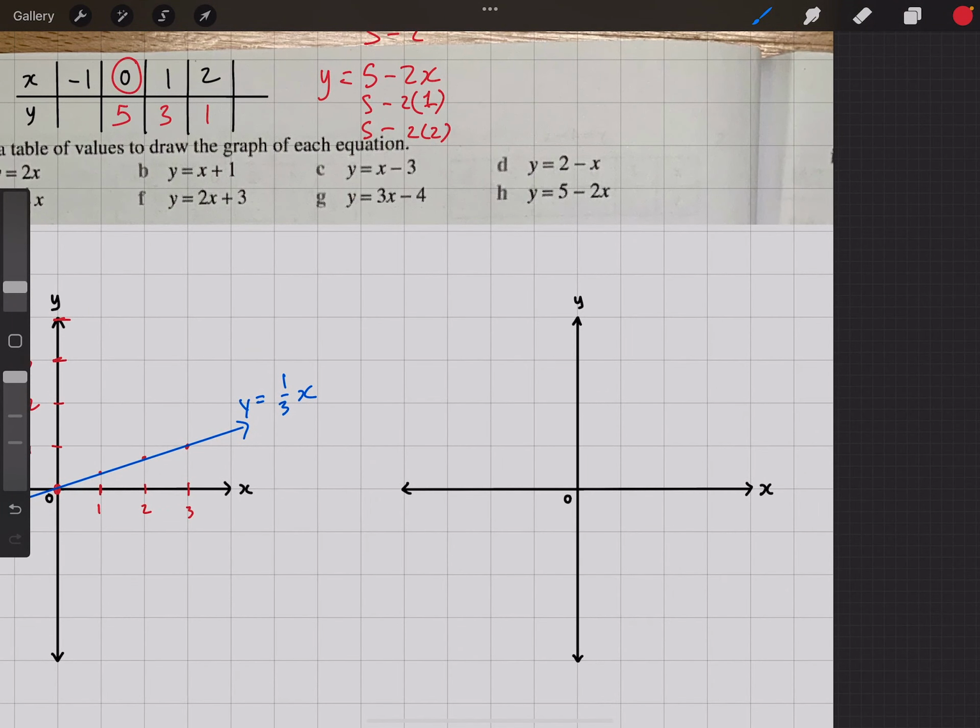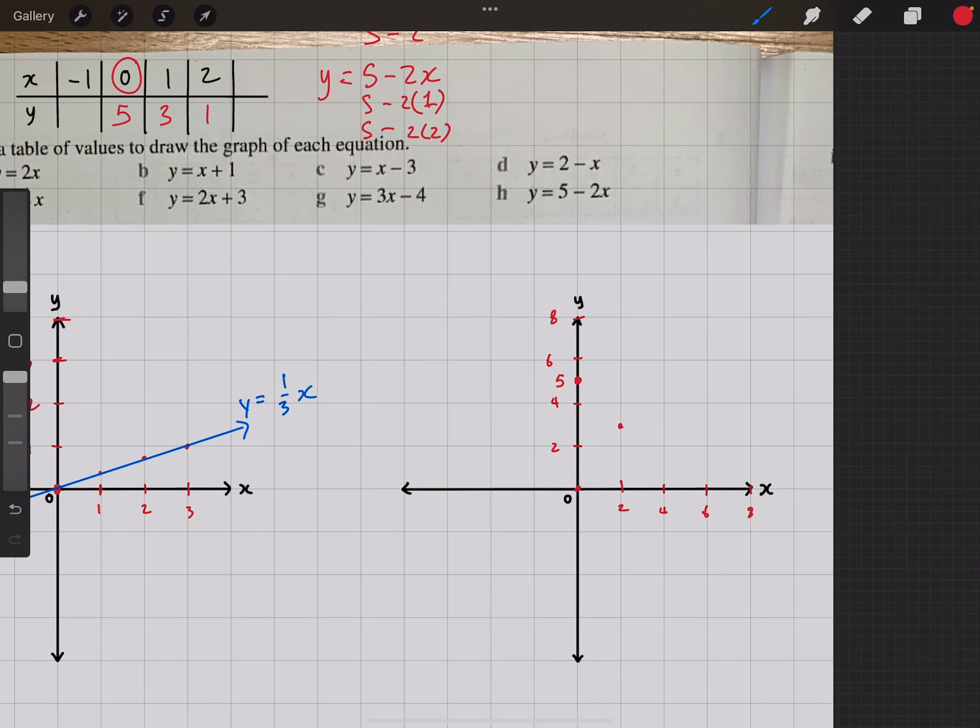So when x equals 0, y is equal to 5. So let's say this is 2, 4, 6, 8. So when x is equal to 0, y is equal to 5, which is somewhere here. That's 5. When x equals to 1, y equals to 3, which is somewhere here.